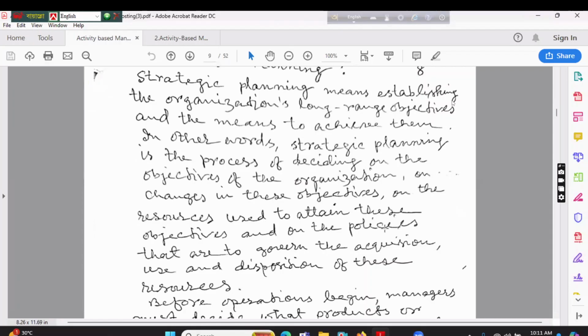This definition is taken from Strategic Management Accounting, Dr. Joyal Howe.